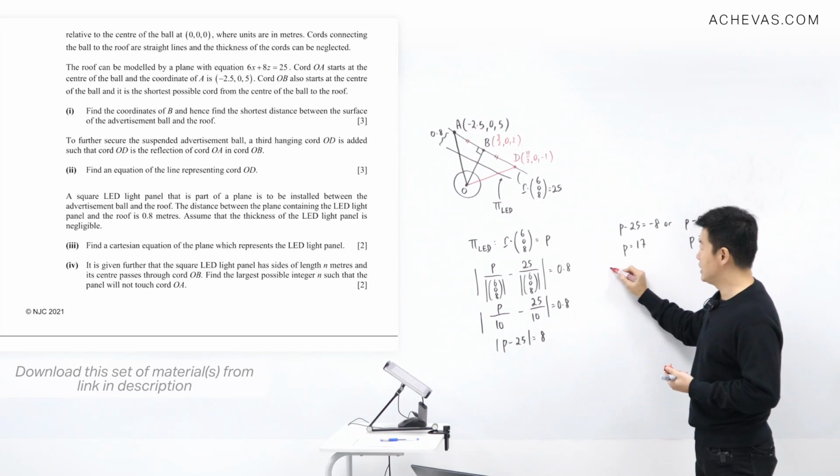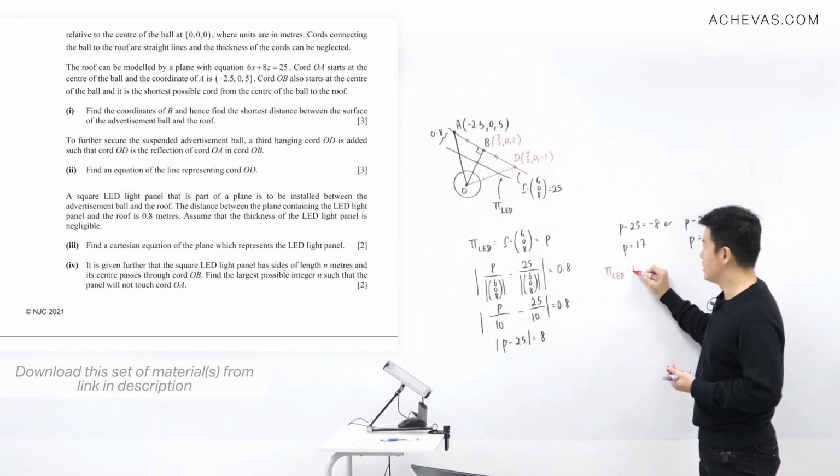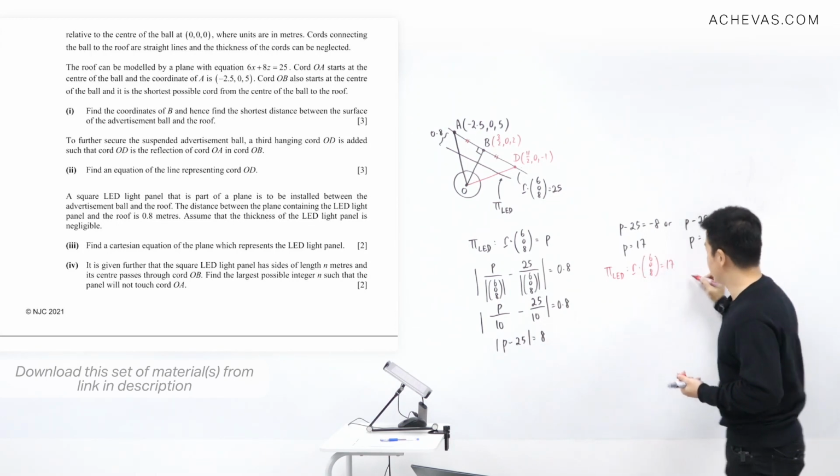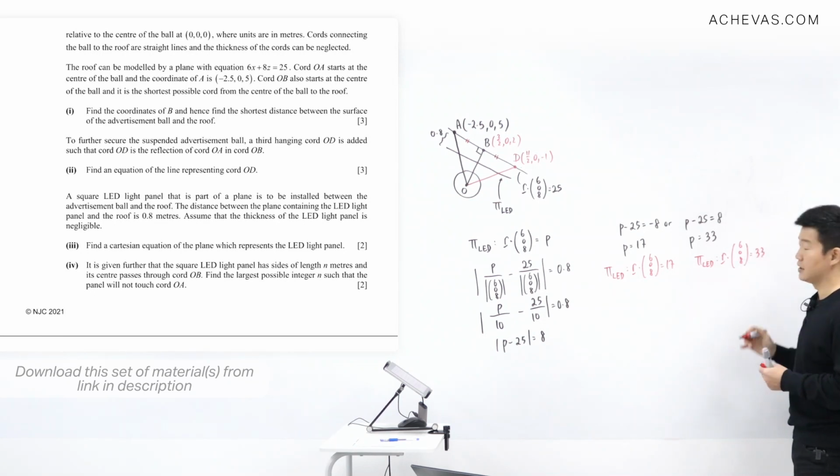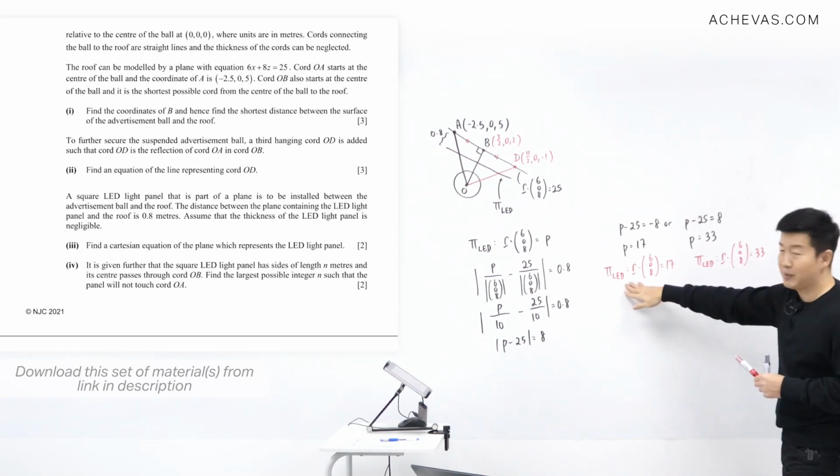If it is this version here, then pi LED is going to be r dot (6,0,8) is equal to 17. If it is this version here, pi LED is such that it is going to be r dot (6,0,8) is equal to 33. So what is the distance of this plane from the origin?